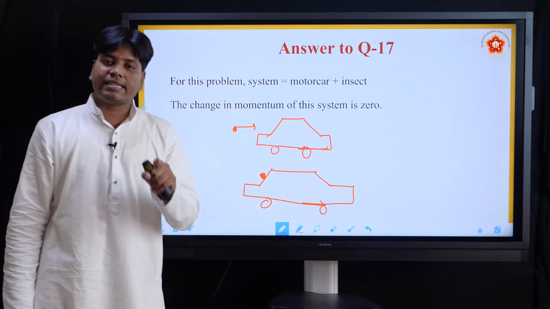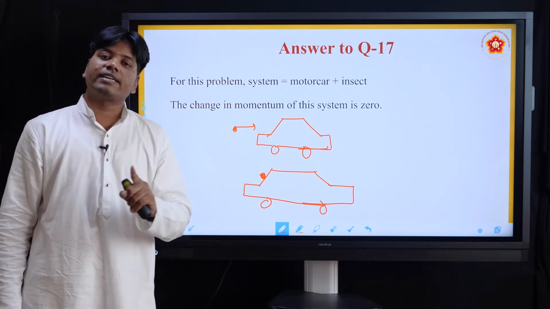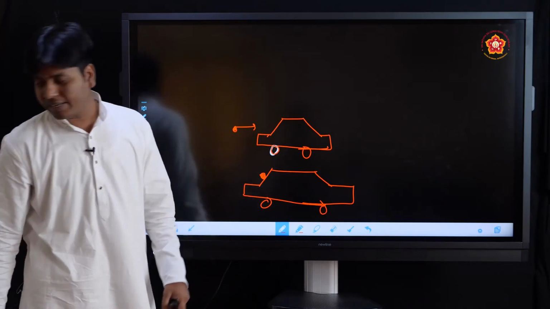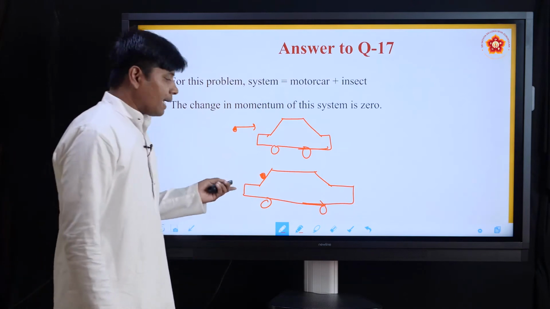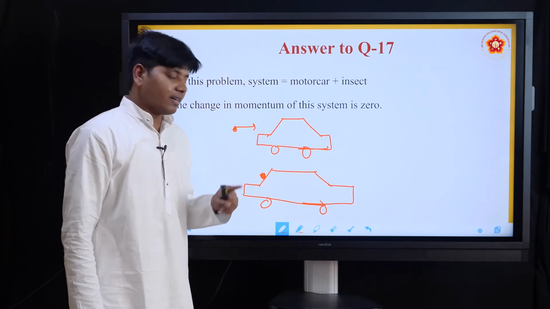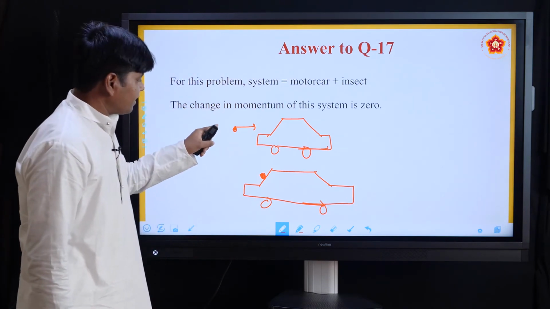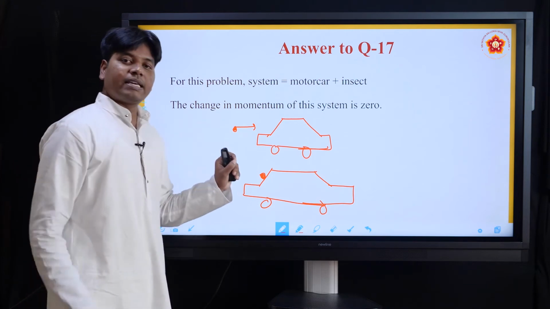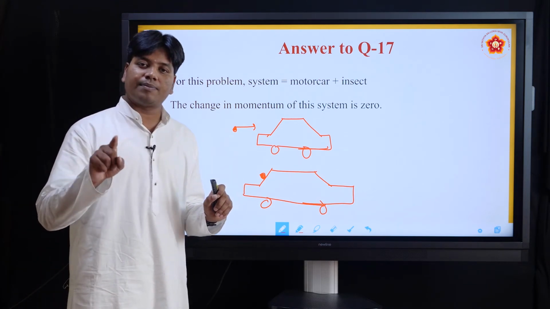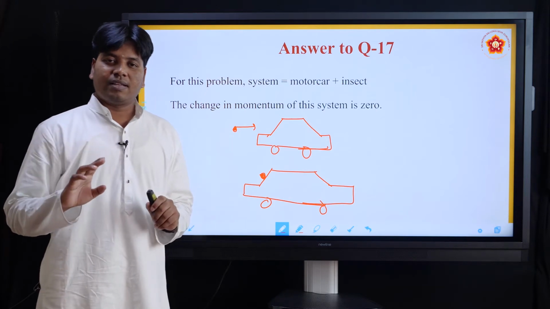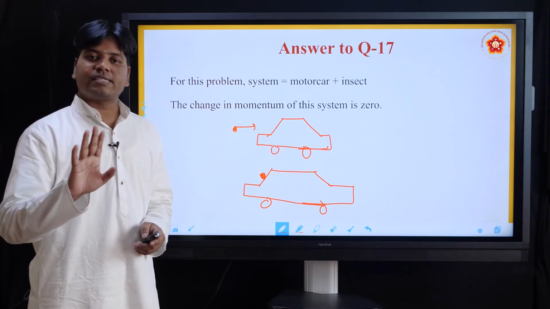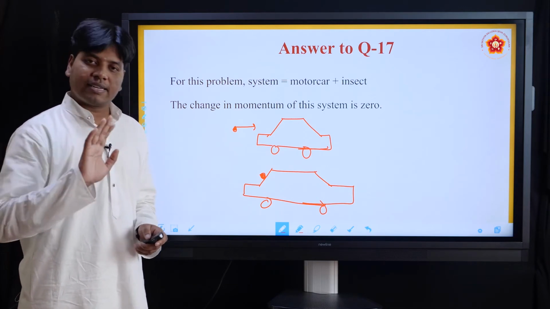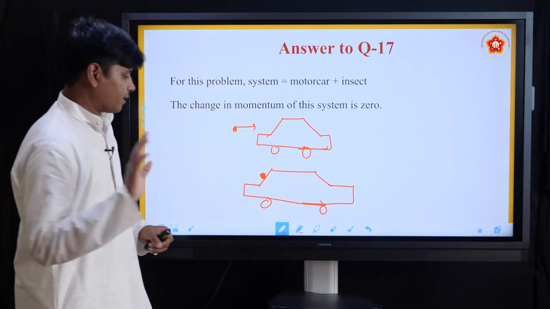So the insect is experiencing the greater change in momentum, which implies that the change in momentum of the insect is greater than the change in momentum of the car. Hence, we can deduce that Kiran's observation is more or less correct. Kiran's observation is correct.